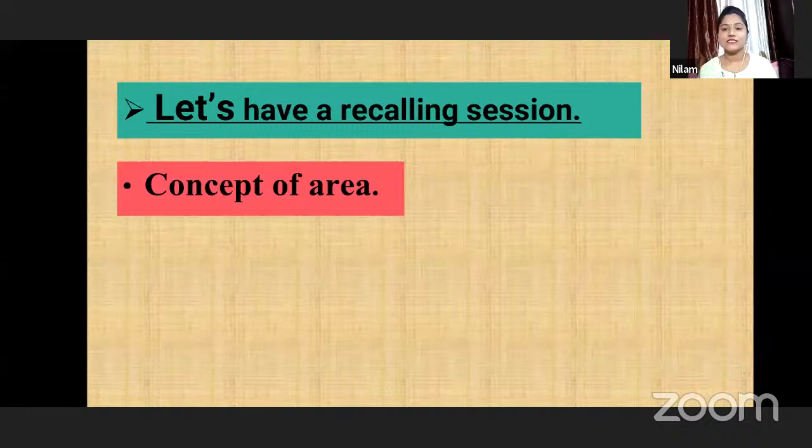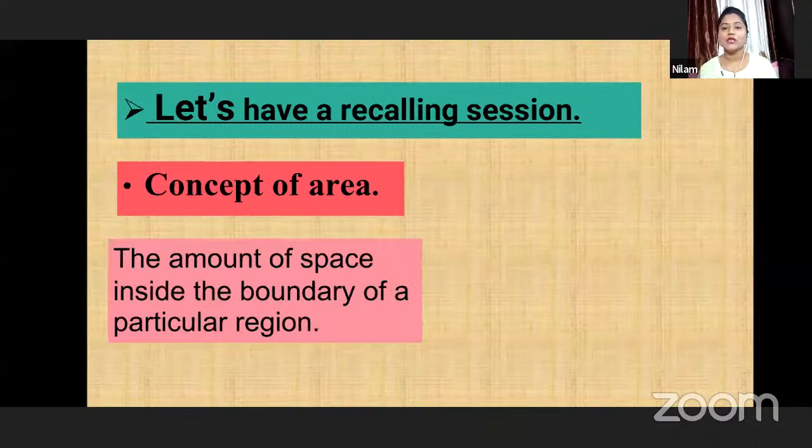Yes, it is an extension of a two-dimensional figure. That means it's a space. Okay. So the amount of space inside the boundary of a particular region is known to be the area.